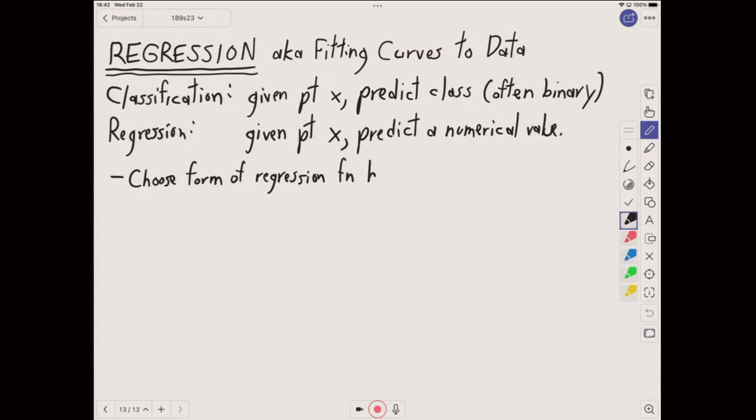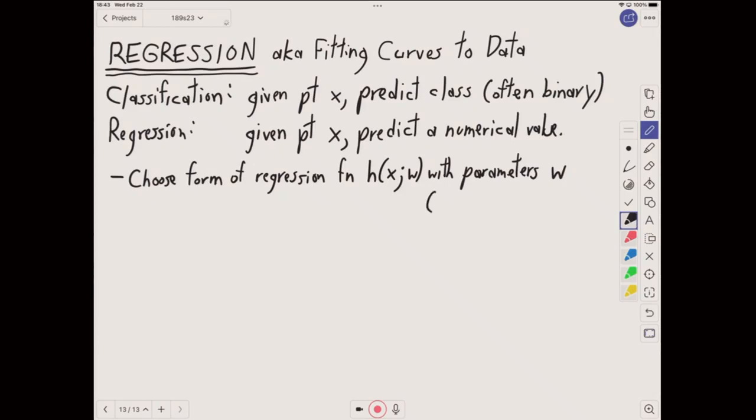We're going to call that function h for hypothesis. And so h, again, is a function of both the point x and the weights w, and outputs some numerical value.